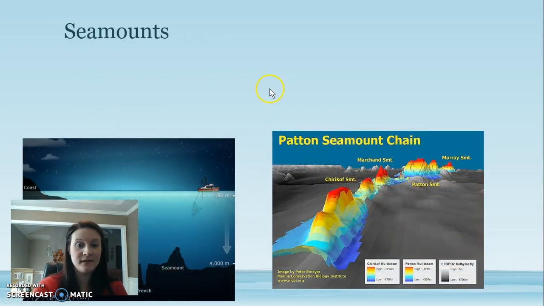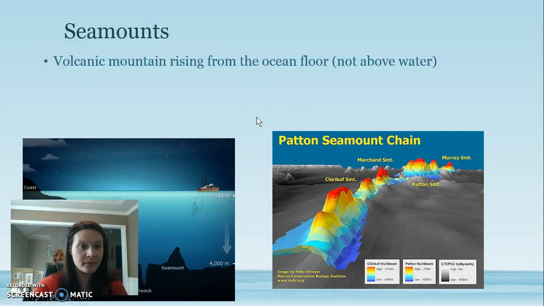And the last feature that we've not talked about before is called seamounts. Seamounts are usually created when volcanic mountains rise from the ocean floor, but they don't get above sea level. So above sea level, you wouldn't even know they existed. Seamounts are always below.